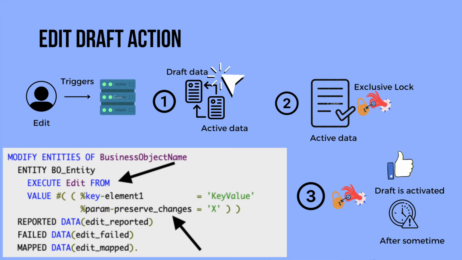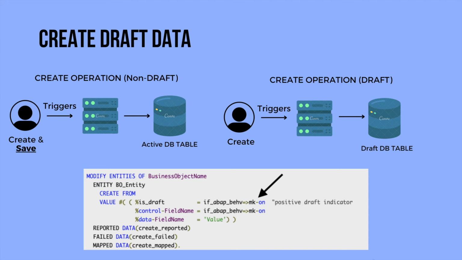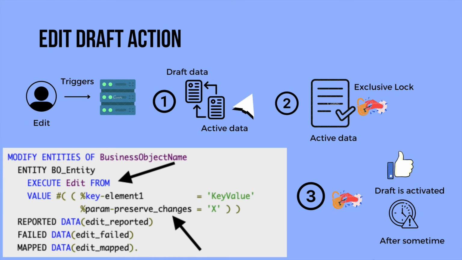Okay, let's see the edit draft action. Previously we saw create draft data, which is just a create operation. It's not an action. There is a difference between operations and actions. Let's see how it will be triggered in the case of the UI. In the UI, the user clicks on the edit button. What would happen?